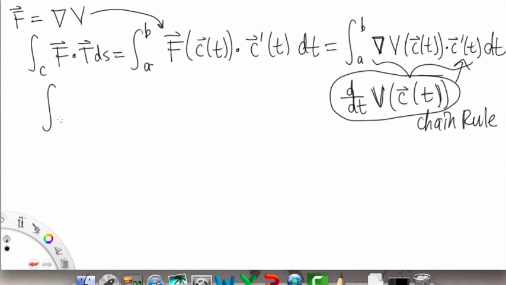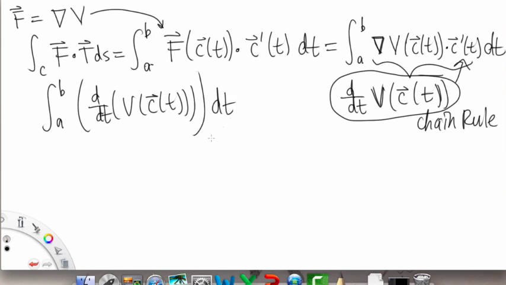So basically what we're going to get is the integral from a to b of d/dt of v of c of t, dt. Sorry, so many parentheses. Now we have a derivative inside of an integral, so we all know what happens. Due to the fundamental theorem of calculus, when you have a derivative and an integral in the same expression, they sort of cancel.